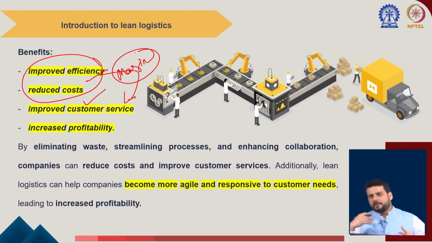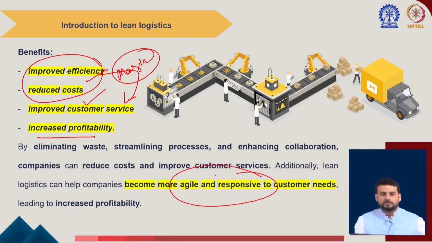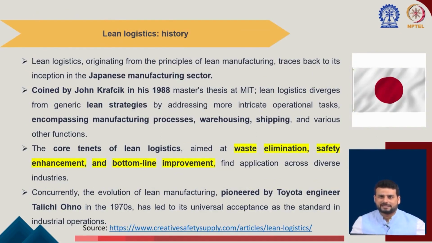Maybe the customer will be more delighted with some offers, or you can provide some advanced services, and then you can ensure increased overall profitability. And obviously you will be more agile and responsive in the market, because whatever the customer is expecting in terms of services, you are very quick in handling all the disruptions, you have a flexible supply chain distribution network, and you are responsive. At the same time you are efficient because you have eliminated all the waste.